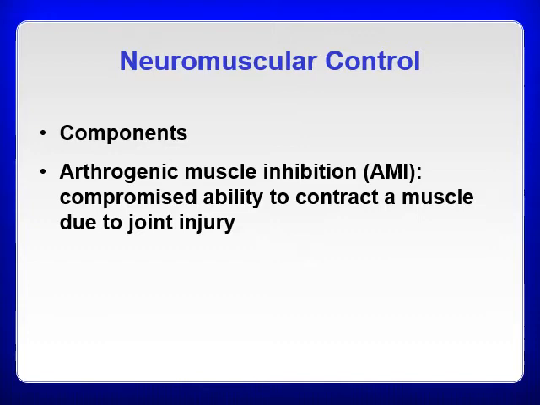Arthrogenic muscle inhibition is something we're going to be coming back to. That is when the ability of the muscle to contract is compromised due to a joint injury. When joints get injured, the proprioceptors give bad feedback to the central nervous system, which doesn't allow the muscles to contract the way they're supposed to.